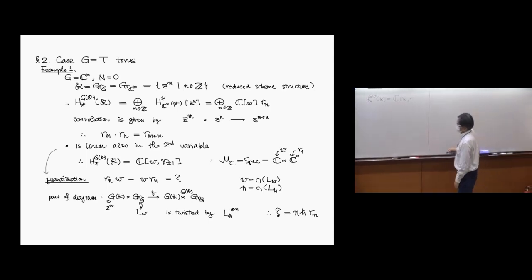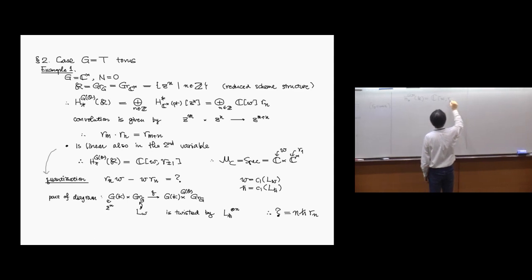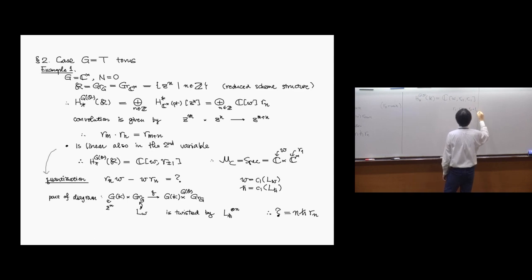And you have two generators, R plus 1 and R minus 1. And of course R1 times R minus 1 is R0, which is equal to 1.